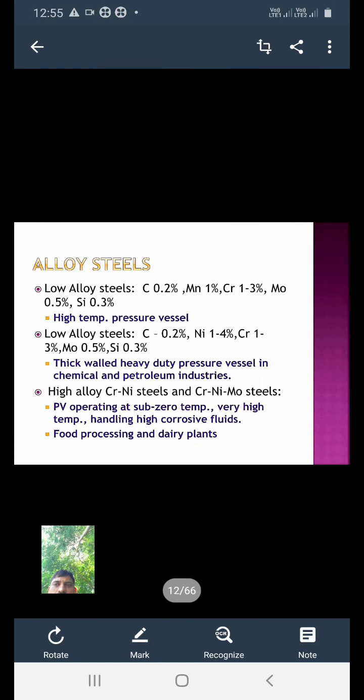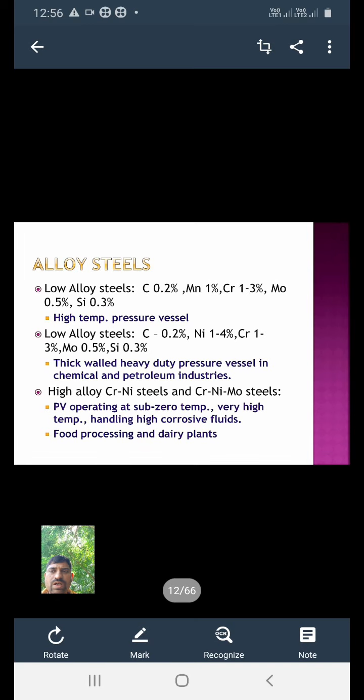Third is alloy steel. We use alloy steel with a carbon content of 0.2%, manganese 1% and chromium 1 to 3%, then molybdenum up to 0.5% and silicon about 0.3%.